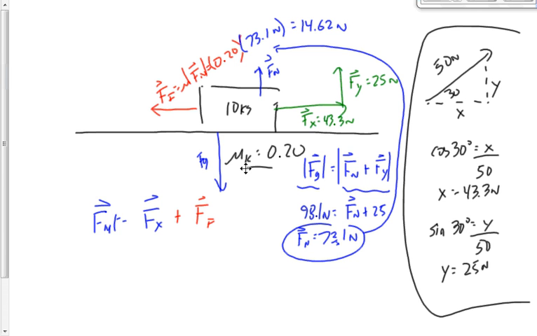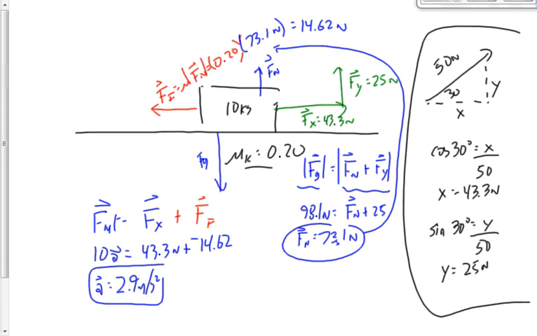The net force is equal to the sum of the forces, but it's also equal to m times a. 10 times the acceleration equals Fx, which is 43.3 newtons, plus Ff, which is 14.62, but negative. 43.3 minus 14.62 is 28.68 newtons. Then we'll divide that by 10, and I end up getting 2.86 or 2.9 meters per second squared.